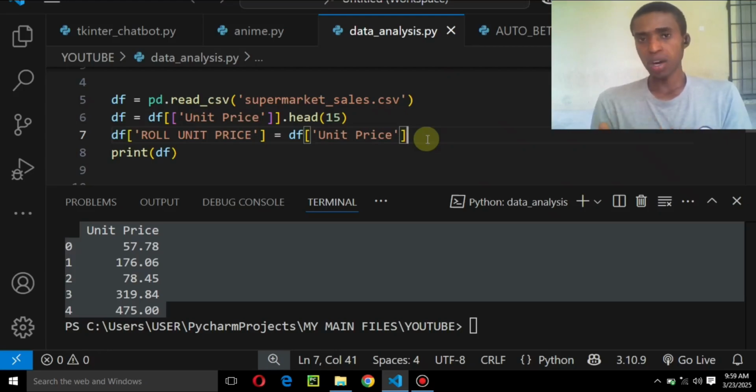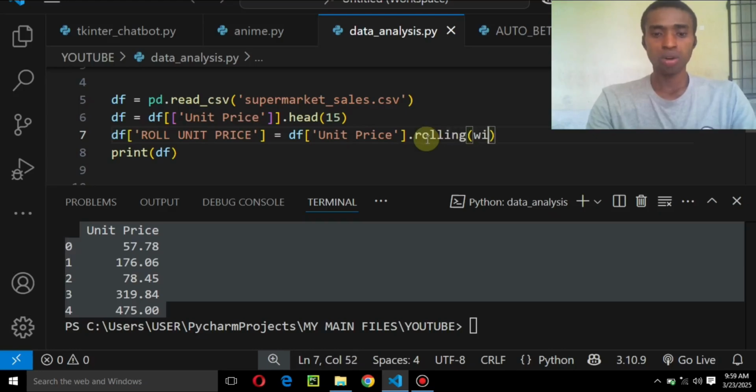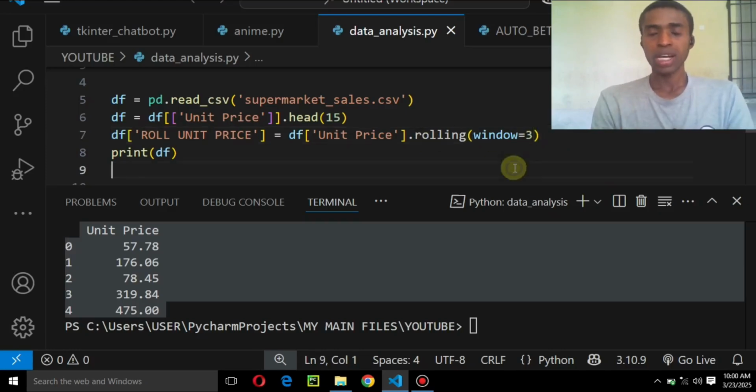I'm going to explain how it works. Later we are going to change the value of this window to 2 and 3 to understand fully how it works. When I run this, I expect two columns, the unit price and the row unit price. Let me run this.